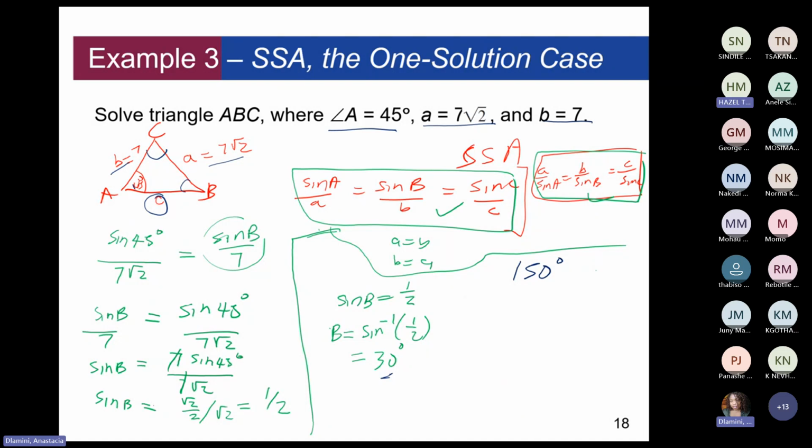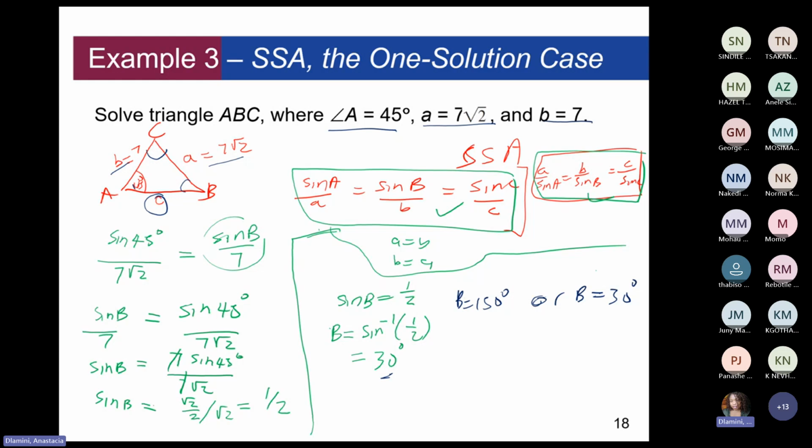Ma'am, how do you decide which one is right? So B can be equal to 150 degrees, or B can be what? 30 degrees. But for you to decide, you take the given angle. What angle are you given? 45.